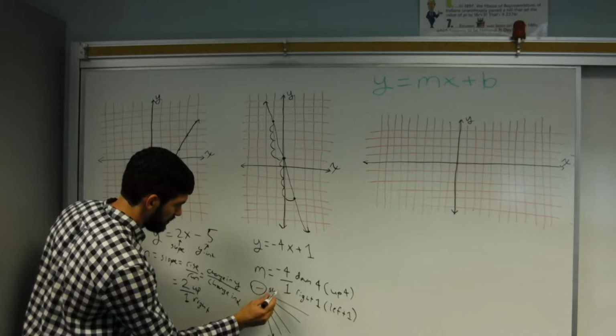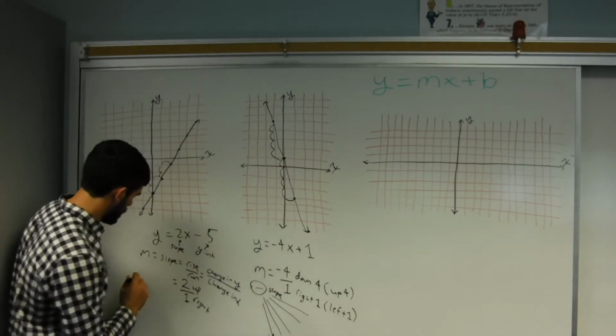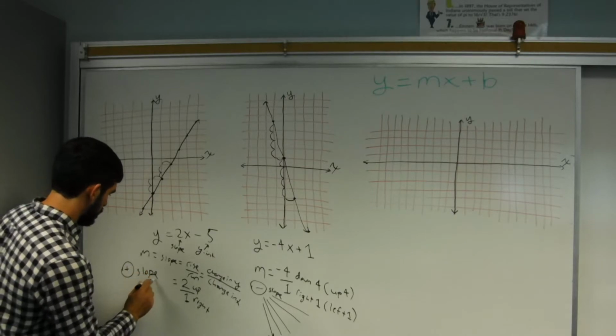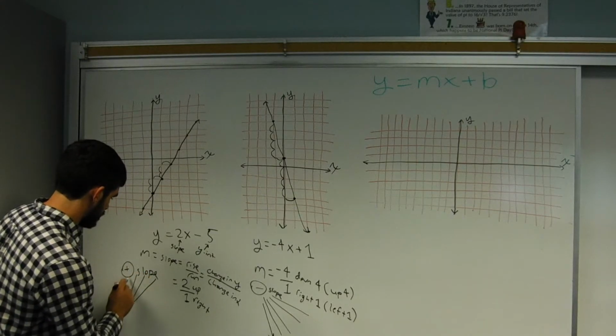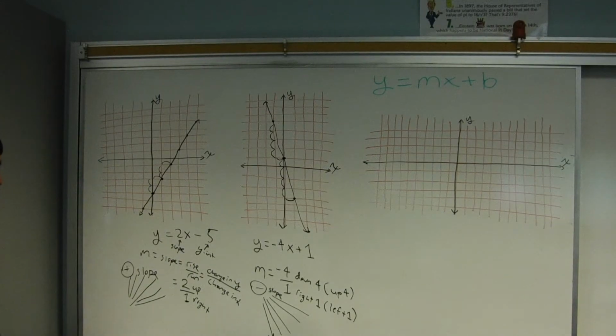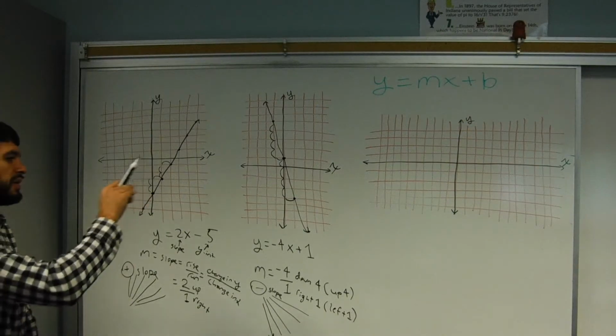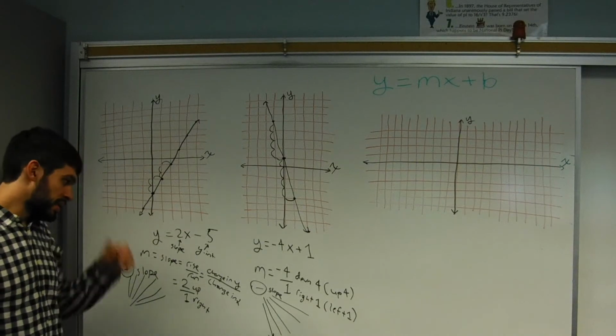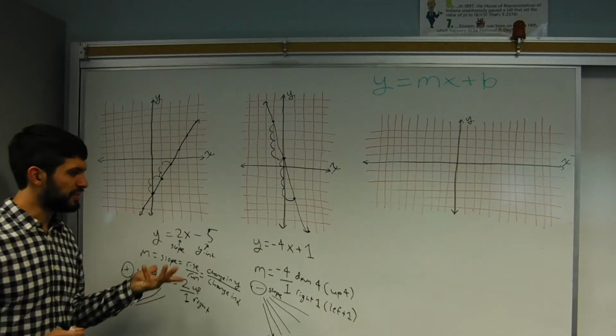Negative slope looks like that, positive slope looks like this. So that's just a way of checking to make sure you did your slope right. If it's a positive slope, it should be going up this way. If it's a negative slope, it should be going down that way. So that covers positive and negative slopes.